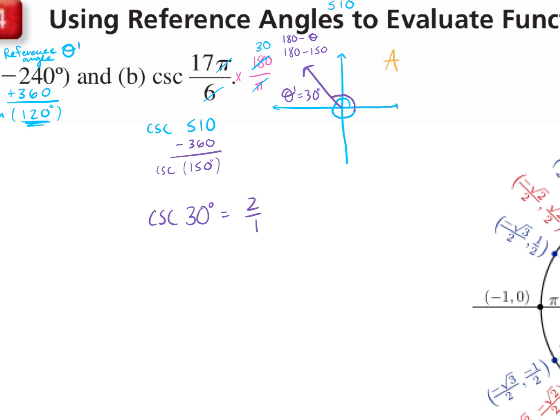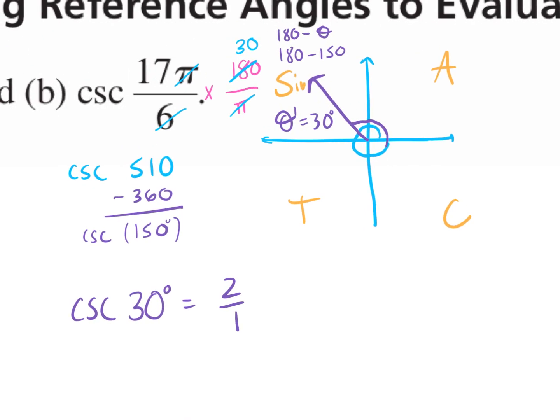So we have all students take calculus. So in the second quadrant, sine and its reciprocal are the only ones that are positive. Well, what's the reciprocal of sine? CSC, cosecant. So that means that this is going to be a positive 2/1, which is just positive 2.